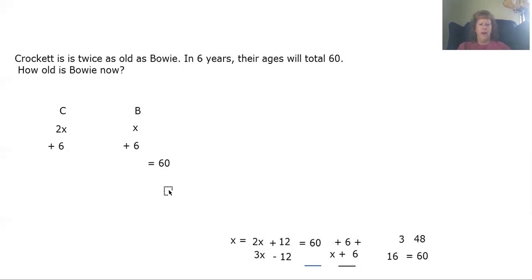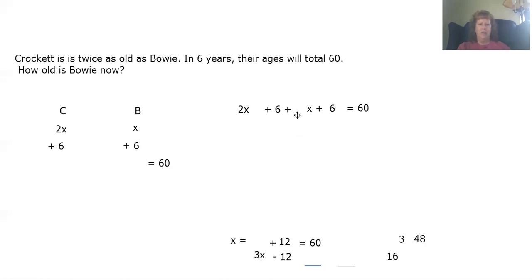So now let's write out our equation. Take a minute and try to write this out if you haven't already. And I'm going to use some things at the bottom to arrange something up here to be the problem also. Okay, so if I write out Crockett's side of the equation, I have 2x plus 6.